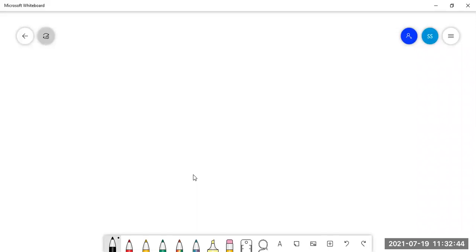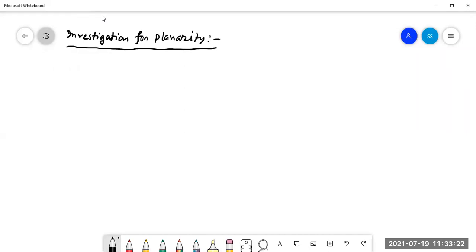We are starting the planarity of a graph. Today we are going to learn how to investigate the planarity of a graph. So that is the investigation for planarity. There are some steps.